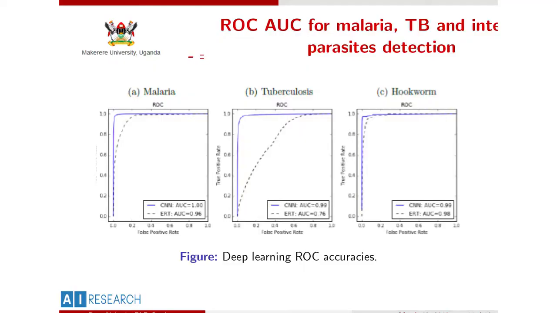Using our custom model, for each of the pathogens that we found in a slide, we achieved around 100%, so the ROC was around 1.0. Those were our ROC accuracies, which we achieved for malaria, tuberculosis, and hookworm.